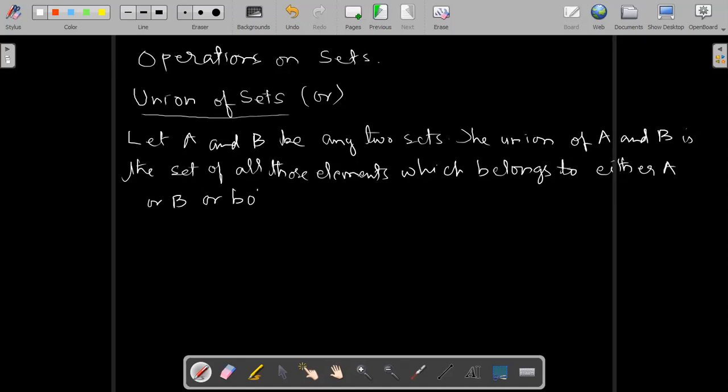Union is used for OR, just remember this. Now see that in a union some elements will belong to A, some elements will belong to B, or some elements will belong to both.